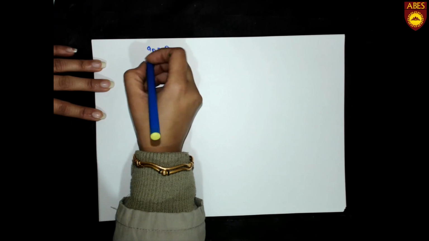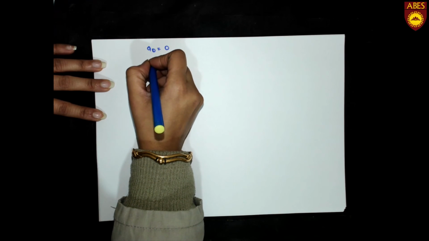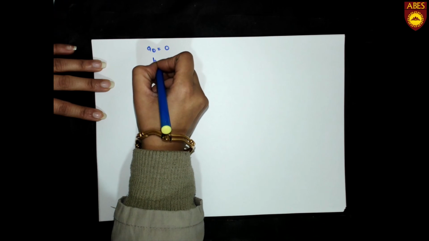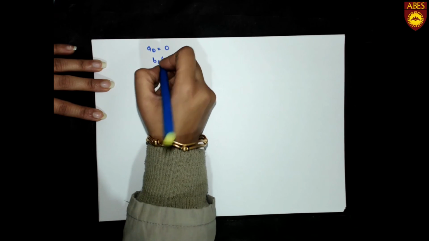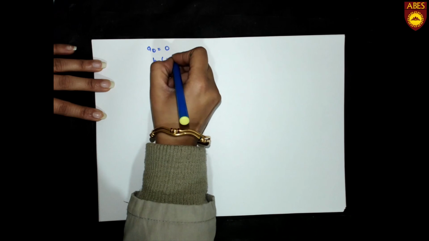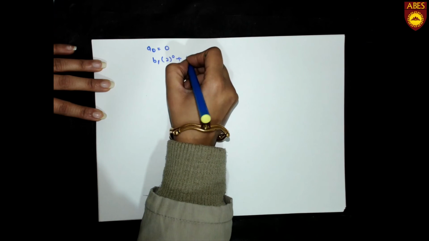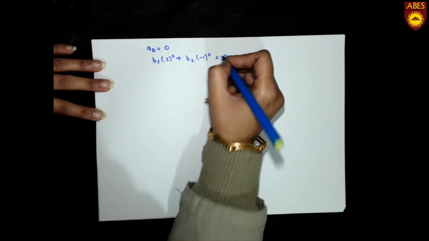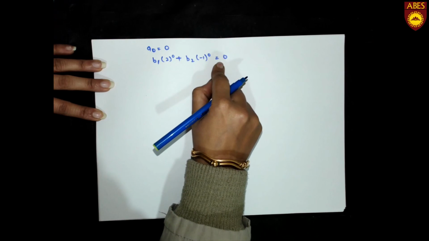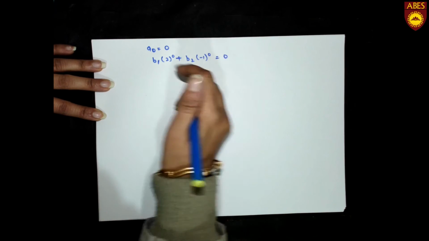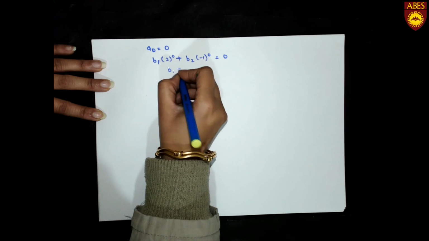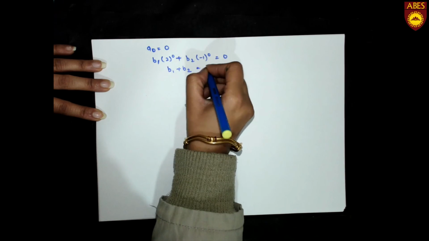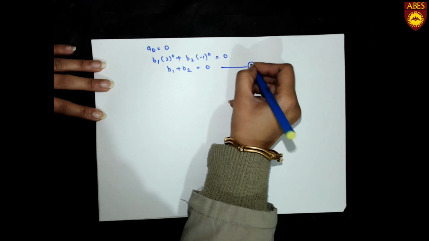If you put n equal to 0, you will get b1 2 to the power 0 plus b2 minus 1 to the power 0 is equal to 0, because the value of a0 is 0. You will get the equation b1 plus b2 is equal to 0. This will be equation 1.